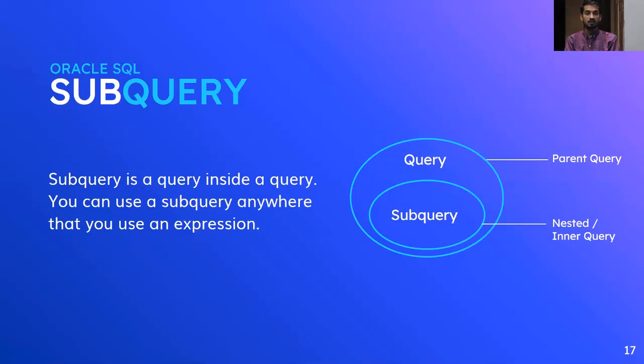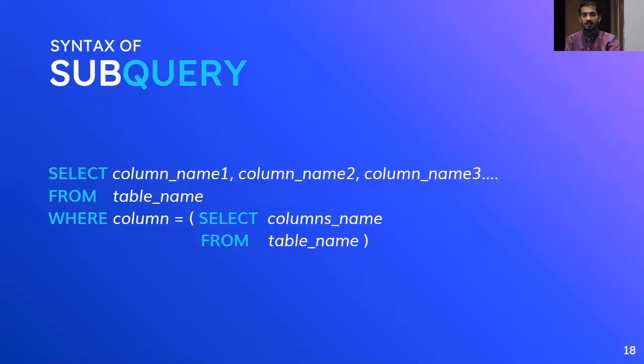The outside query is called the parent query, while the nested query is also called the inner query. The syntax of a subquery: SELECT column names FROM the table WHERE, and we write a query inside the SELECT query.